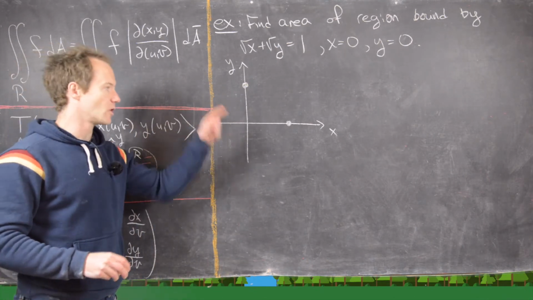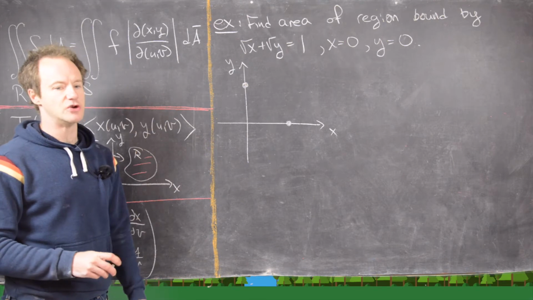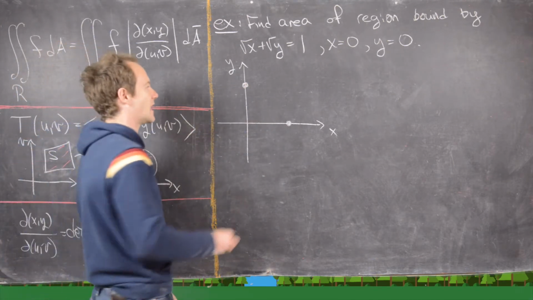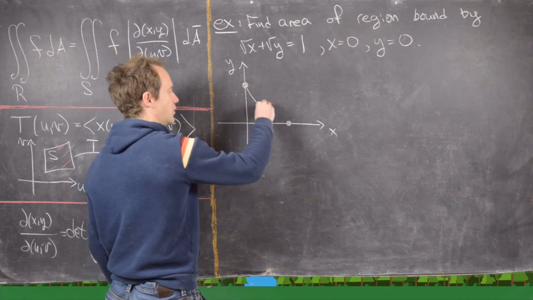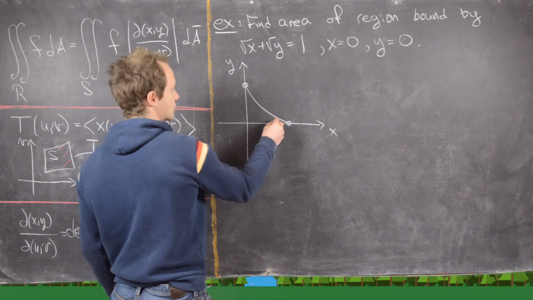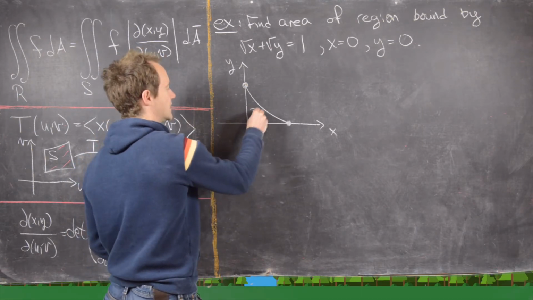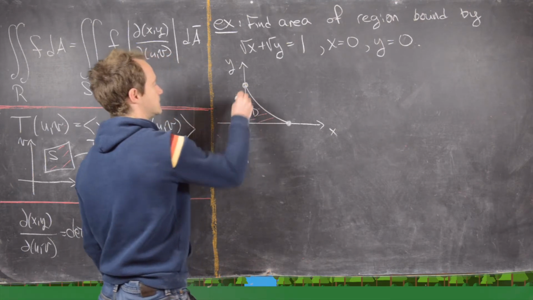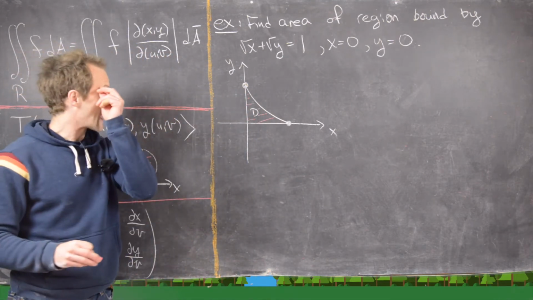And now, in order to really solve this problem, we don't need to know what the curve looks like. We can just draw anything between here and here, but I'll go ahead and point out that it looks something like that. So this is our region over here, maybe I'll call it D, that we want to find the area of.